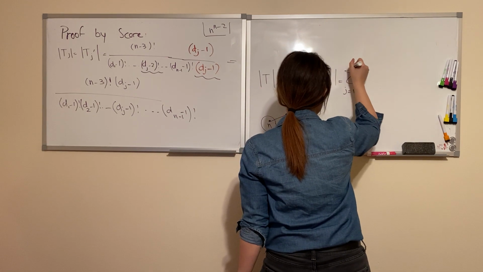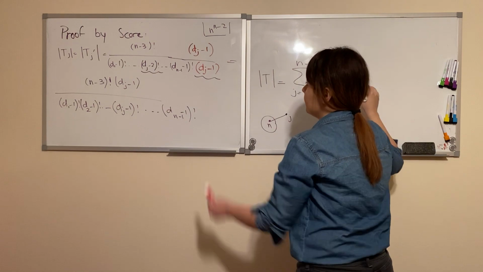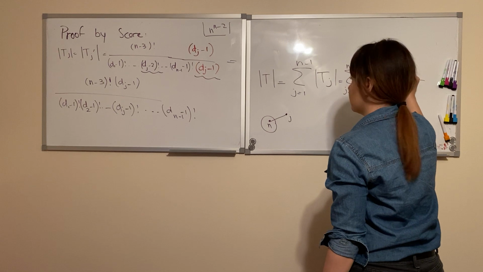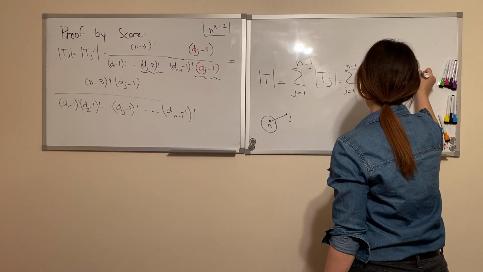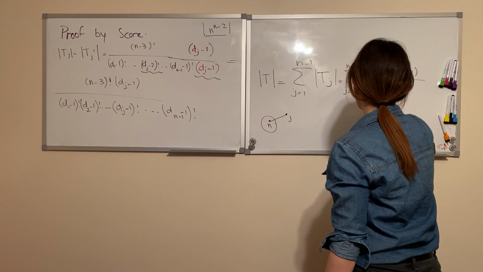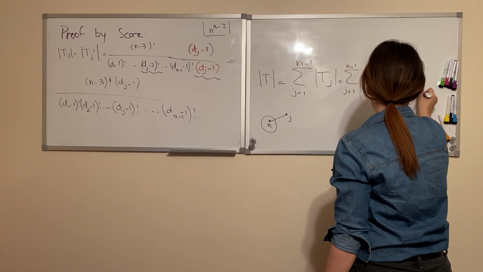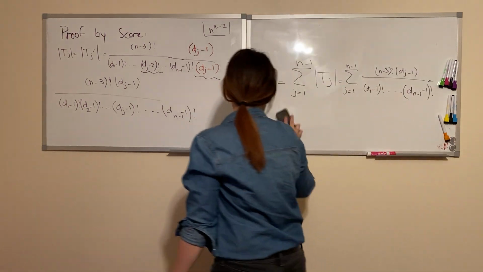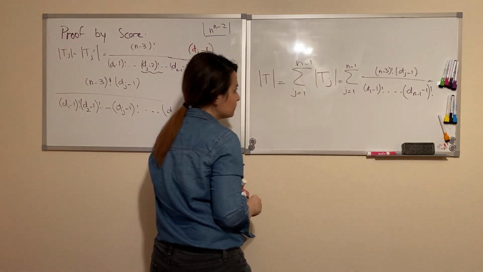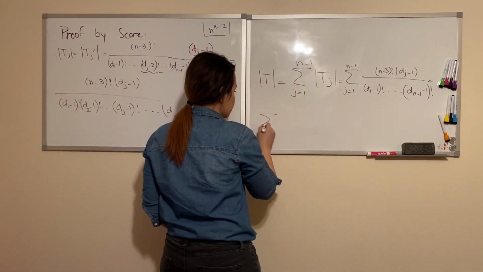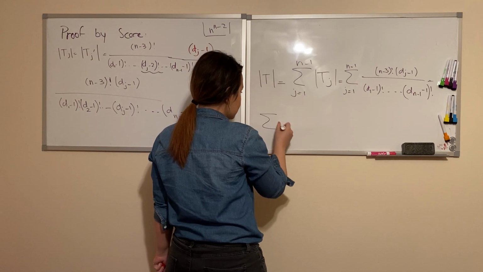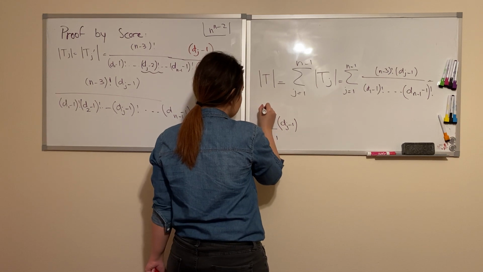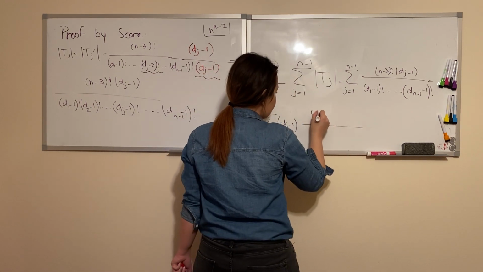It is the sum for j equal 1 to n minus 1, and I'm using the formula n minus 3 factorial over the denominator. See what I do is I'm going to apply that sum on d_j minus 1 for j equal 1 to n minus 1.